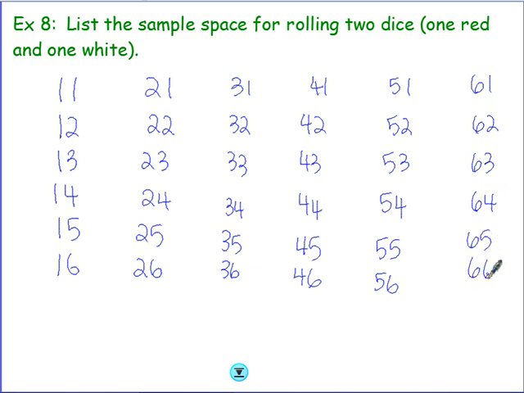So as you can see, there's 36 possibilities here when you roll 2 dice. And so we are going to use this list of 36 possibilities to answer the next problem.